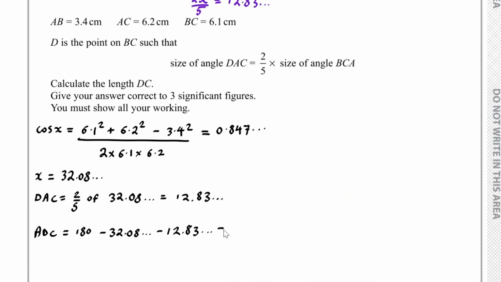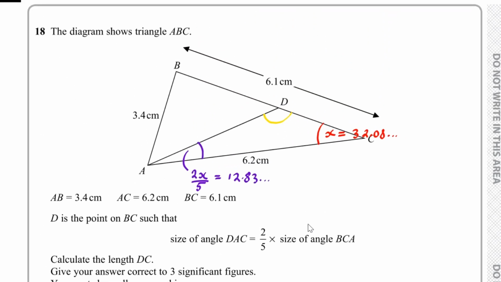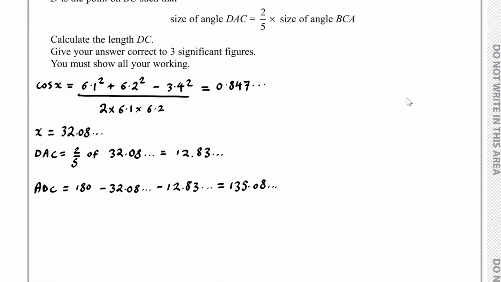So here we get 135.08, etc. So let's add this to the diagram. We've got 135.08. Okay, so now I can use the sine rule.